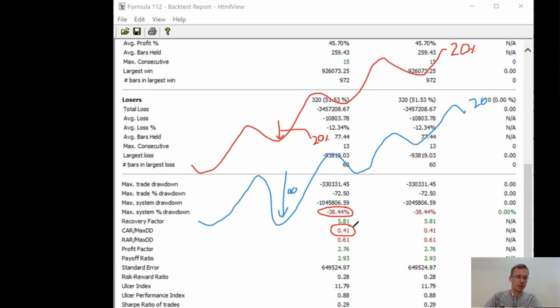Now I've traded systems with CAR over max drawdown as low as about 0.3. But I prefer sort of 0.6 or above for the individual system. But if I'm combining systems into a portfolio, you don't have to evaluate the system individually.